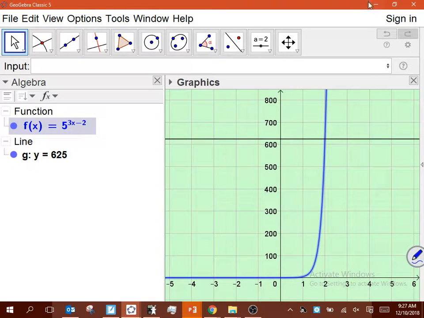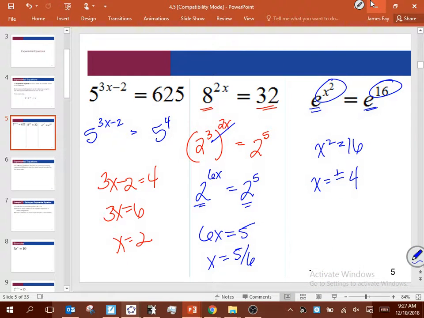So that's basically all we're doing, just similar to what we talked about on the first or second day of class, okay? When we're dealing with an equation, the left-hand side is a curve, the right-hand side is a curve, and the solution is the x value at which they intersect.